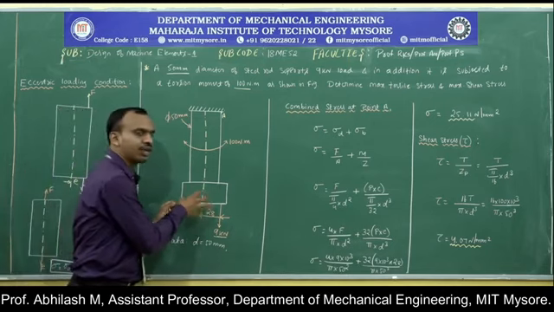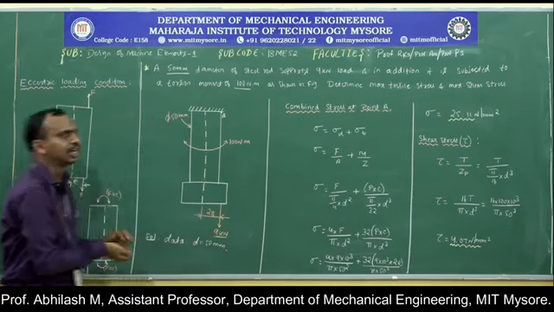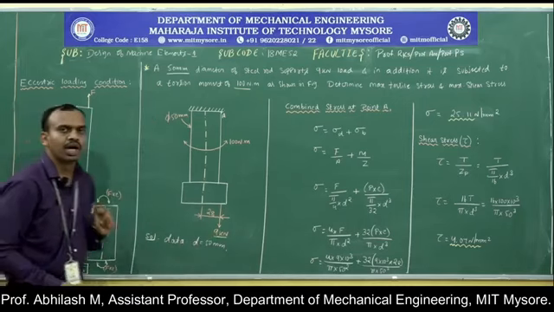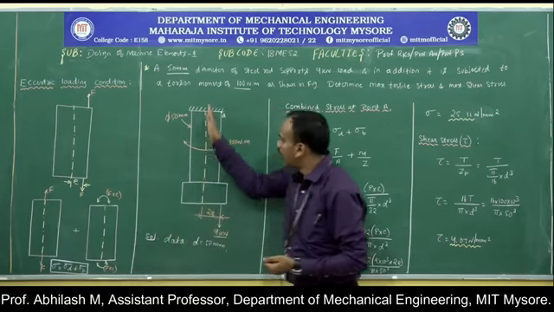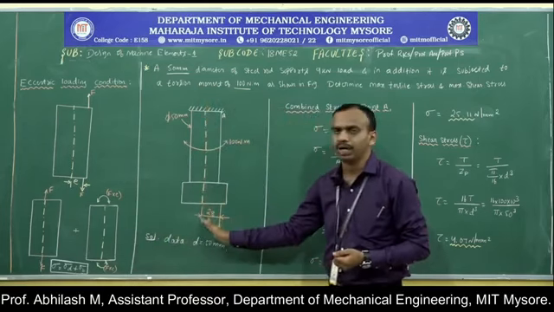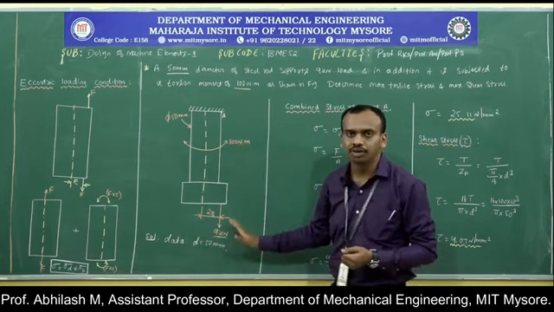This type of condition gives rise to a new concept called the eccentric loading condition. In a few machine components, the load might not act along the centroidal axis of the member. It might be at an eccentric distance as in the given problem.